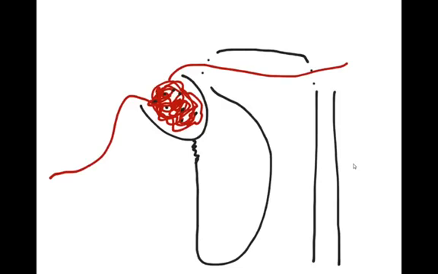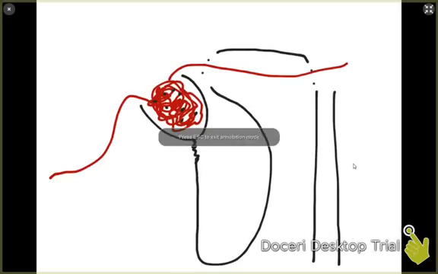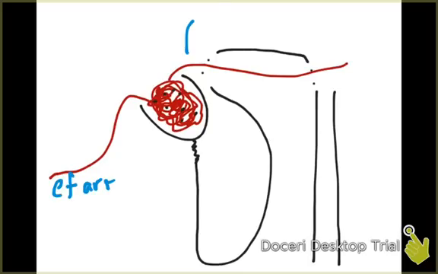So let's look at this nephron, okay? Yes, it's my version of a nephron. So what I want you to recognize here is that this nephron has what we call an efferent arteriole, an afferent arteriole.